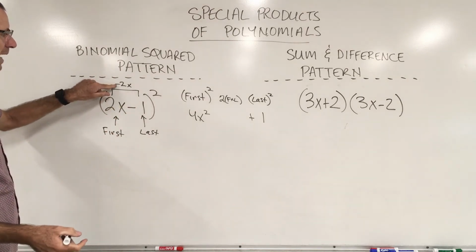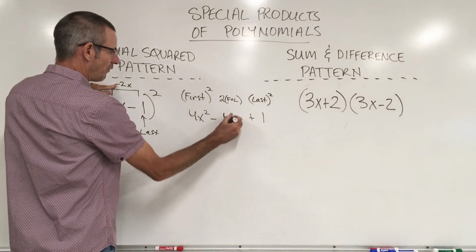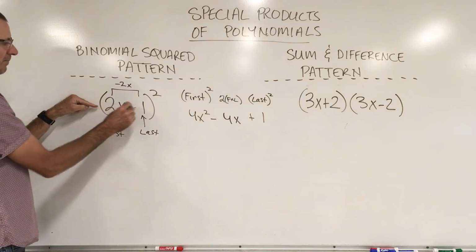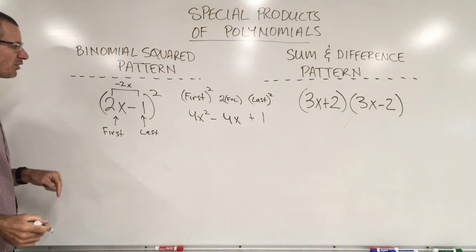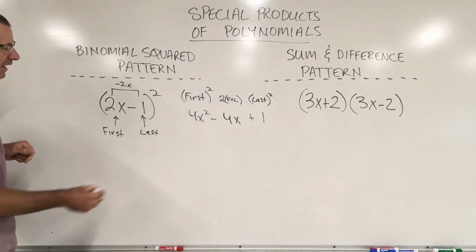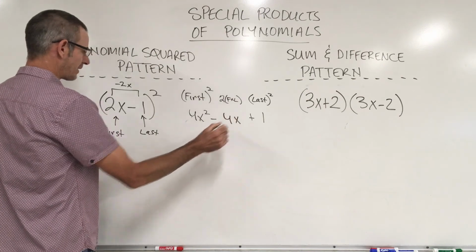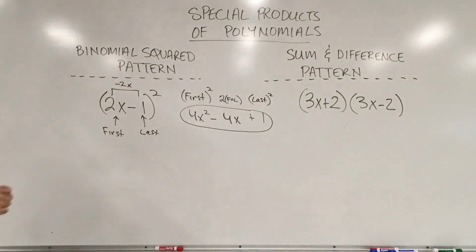That's a negative 2x. And I need to multiply that by 2, so that'll give me negative 4x. So if I have the problem 2x minus 1, that binomial, in parentheses, squared, I should be able to just look at the problem and write down 4x squared minus 4x plus 1. And that is the answer.